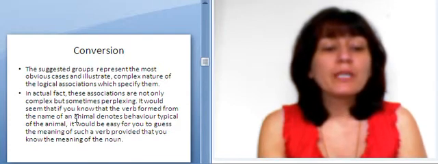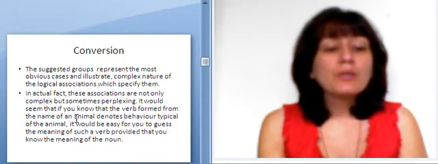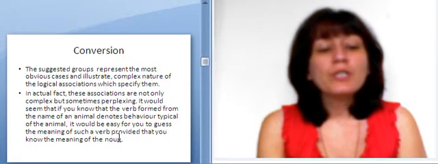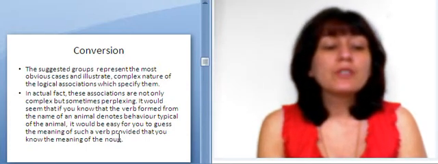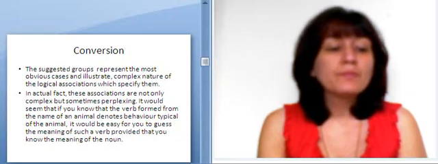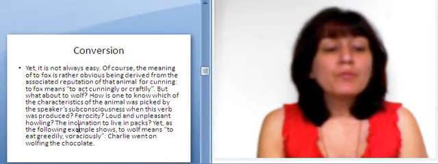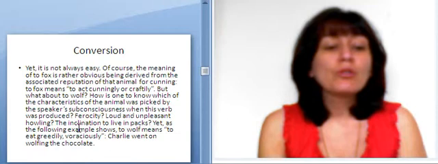It would seem that if you know that the verb formed from the name of an animal denotes behavior typical of the animal, it would be easy for you to guess the meaning of such a verb, provided that you know the meaning of the noun. Yet it is not always easy. Of course, the meaning of to fox is rather obvious, being derived from the associated reputation of that animal for cunning. To fox means to act cunningly or craftily.